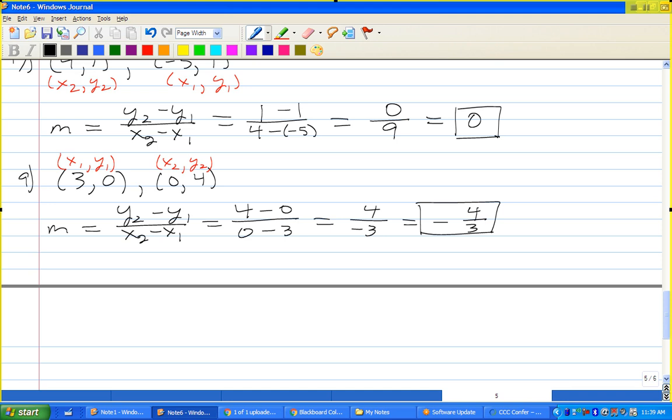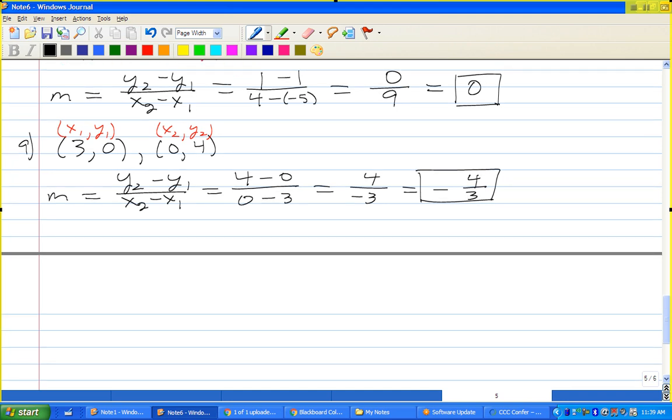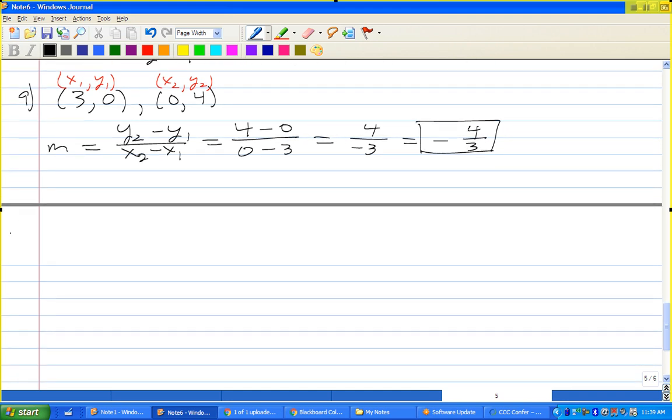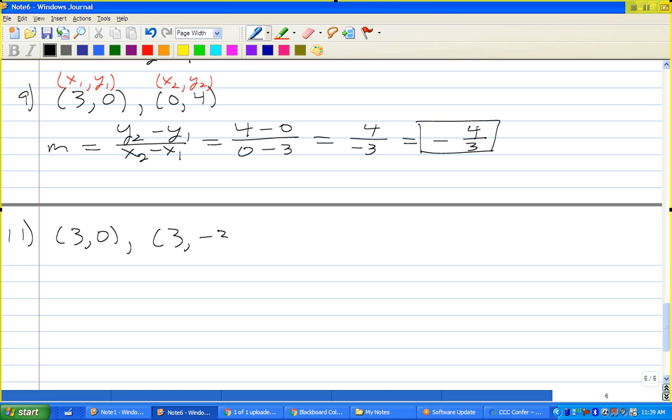Let me do problem number 11. The points are (3, 0) and (3, -3). Call this x1, y1, x2, y2. So the slope is y2 minus y1 over x2 minus x1, the change in y over the change in x.